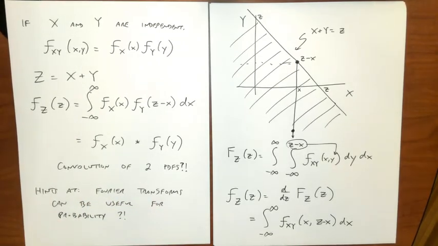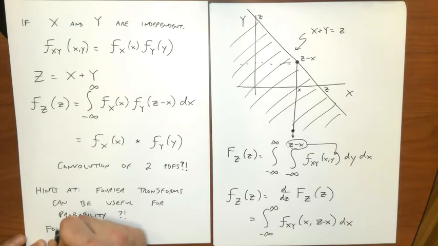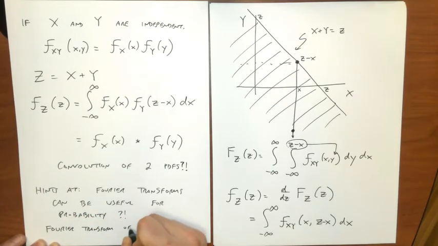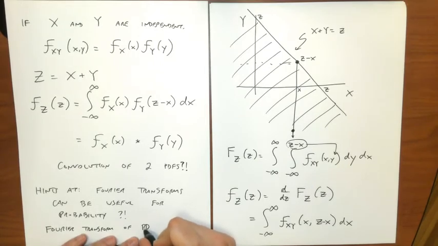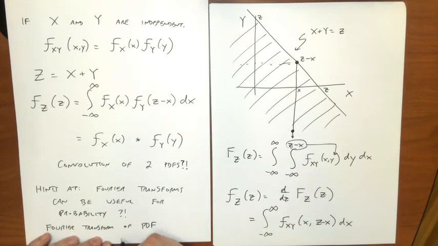This is a minor reason why signals and probability kind of go together, because you wouldn't know all this stuff about delta functions and convolutions if you hadn't already taken signals. And in a slangy way, the Fourier transform of a PDF is what's called a characteristic function, more or less.